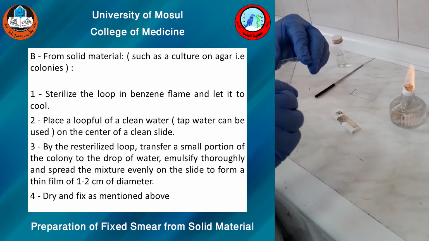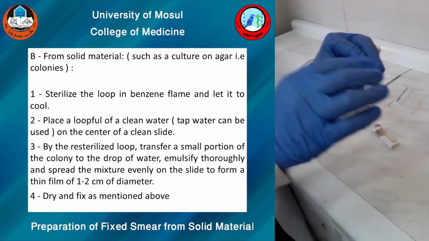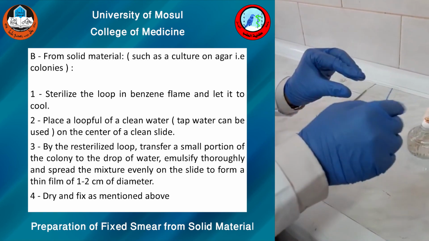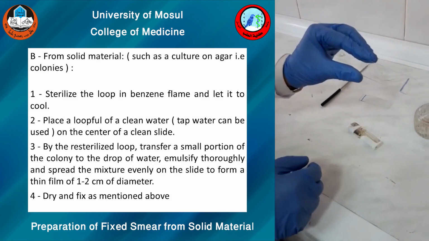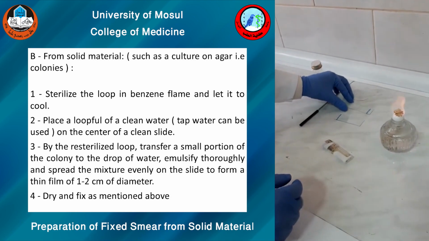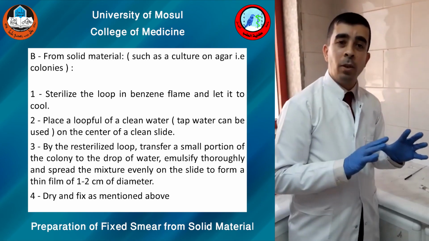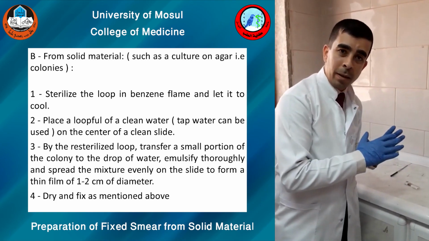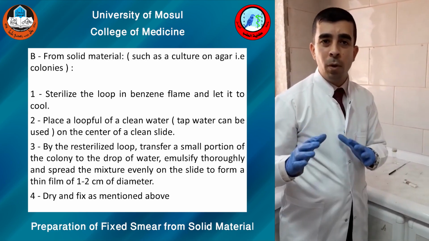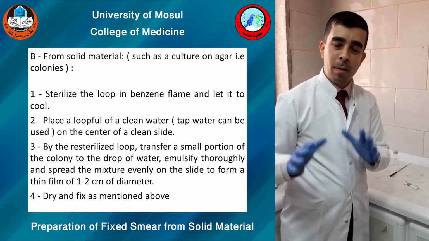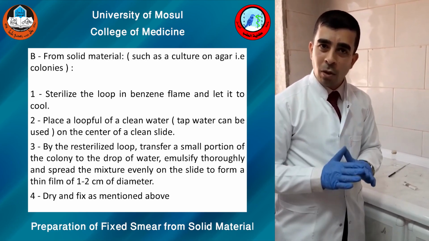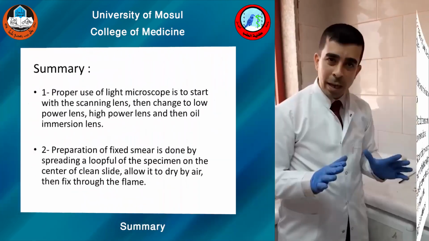So the smear is now ready to be stained and to be examined under the microscope. And in the next lab, inshallah, the second lab, I will teach you how to stain this smear in order to view the slide under the microscope. That is all about our lab today.